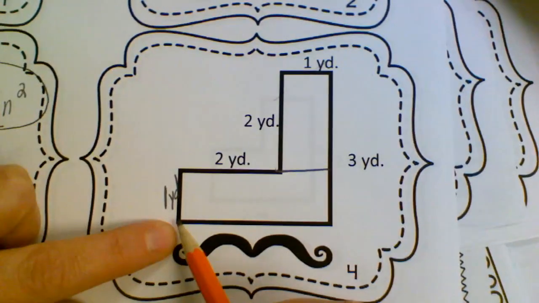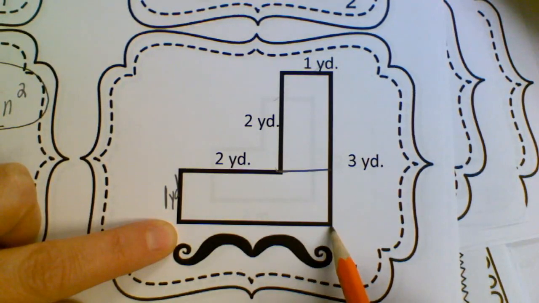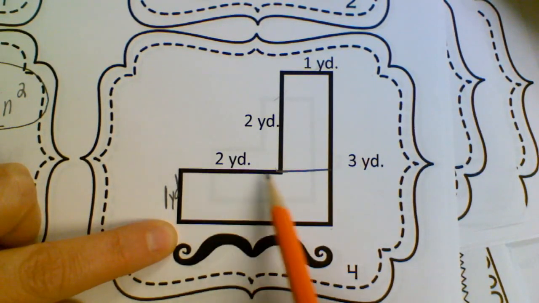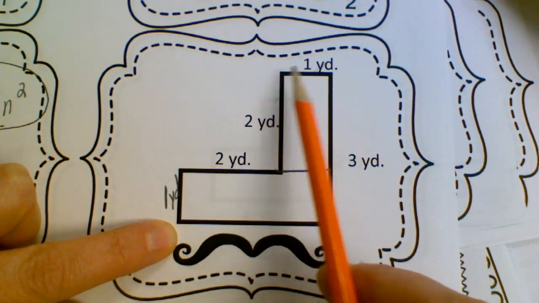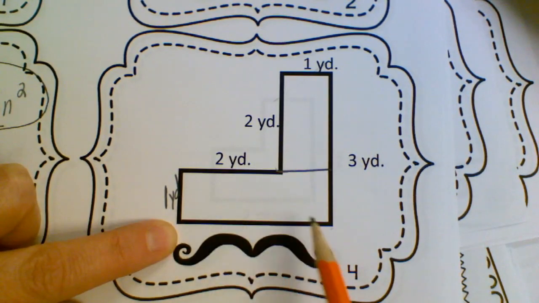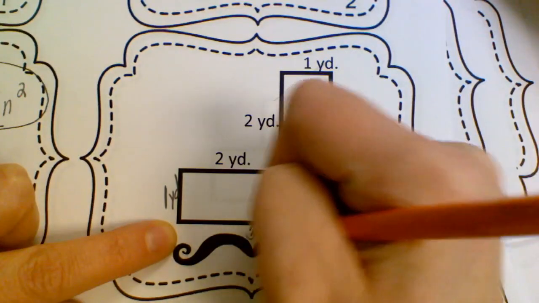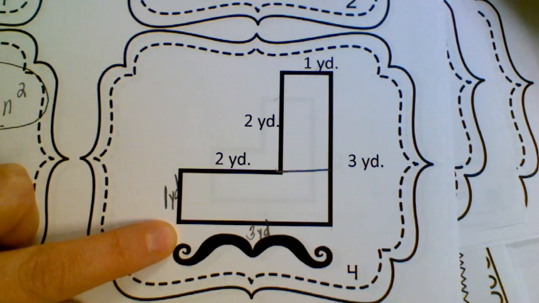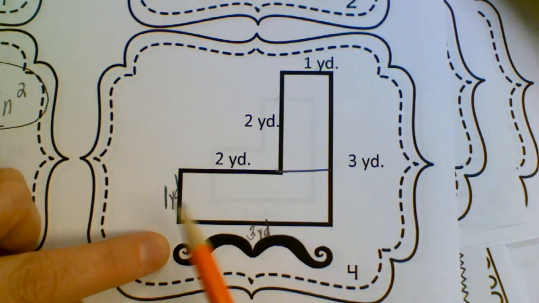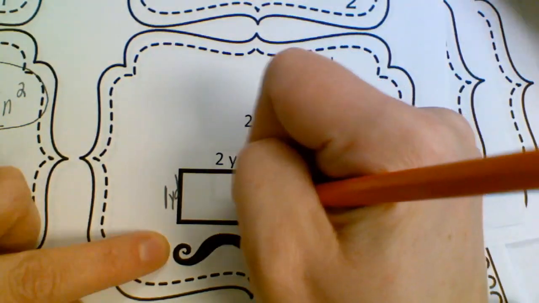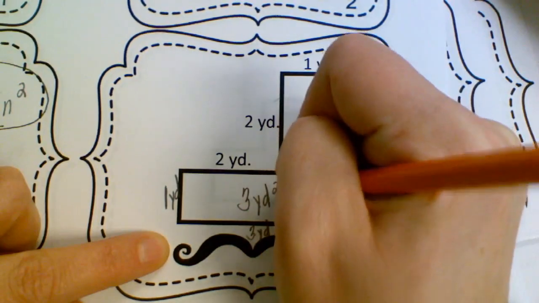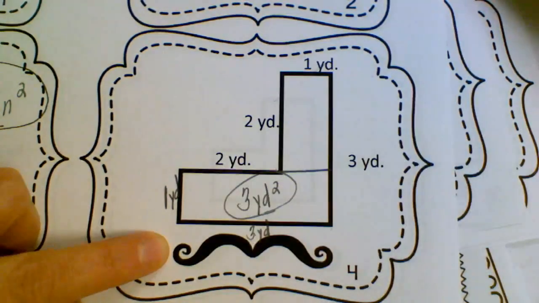Okay, we don't know the length of here, but we do know that's 2 yards, and we do know that's 1 yard. So this whole thing must be 3. So let's look at that. 3 times 1, that would be 3 square yards. Okay, so that's that little one.